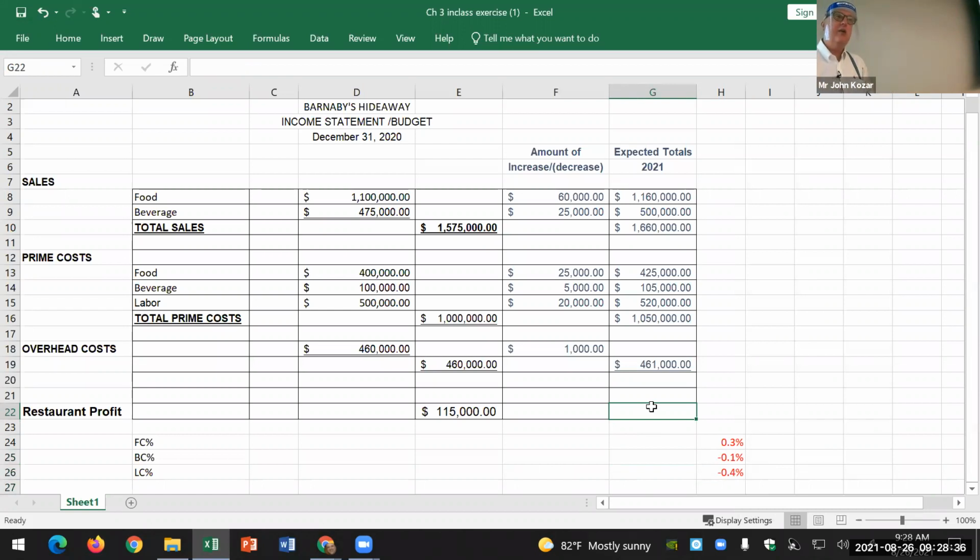Okay, so has anybody calculated profit? Nobody has profit yet?